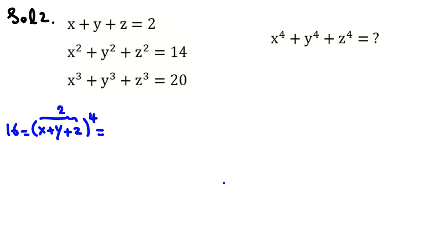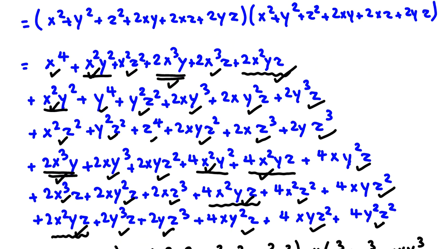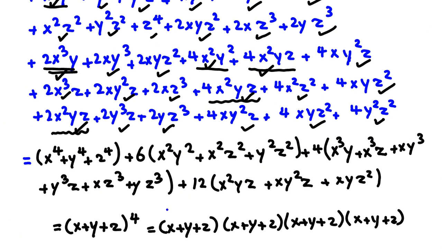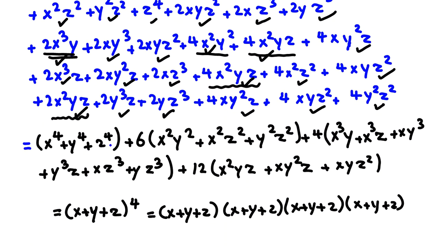Now, if I use the identity that I told you in the beginning of this video, (x plus y plus z)^4 will be x^4 plus y^4 plus z^4 plus 6 times this plus 4 times this plus 12 times this. So I can copy this part.